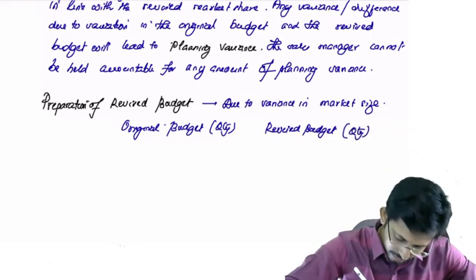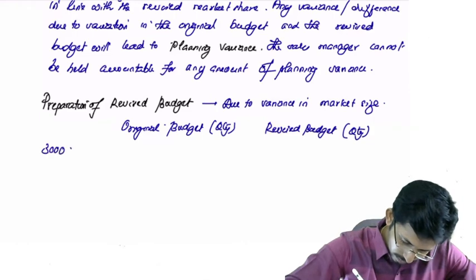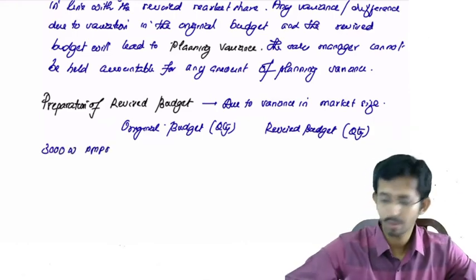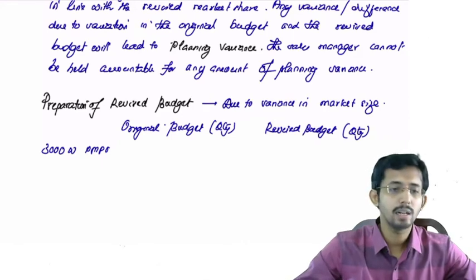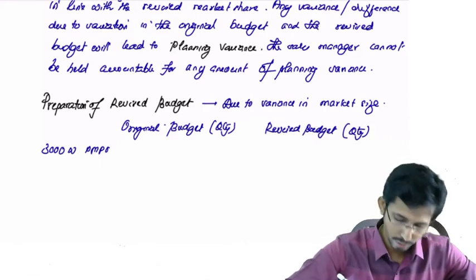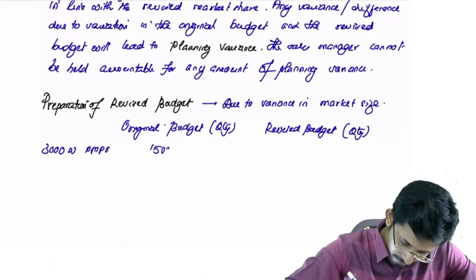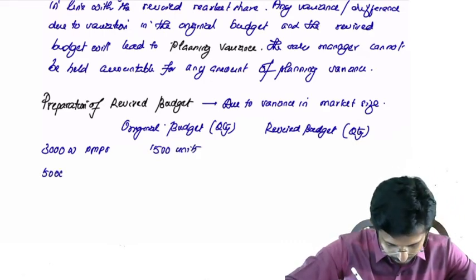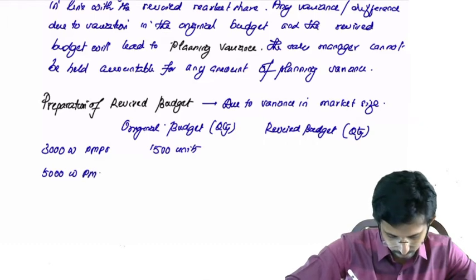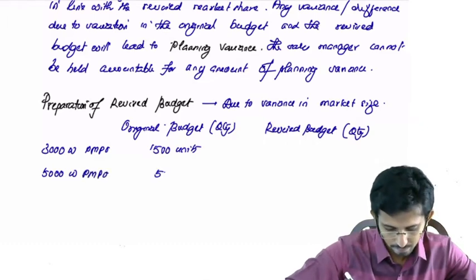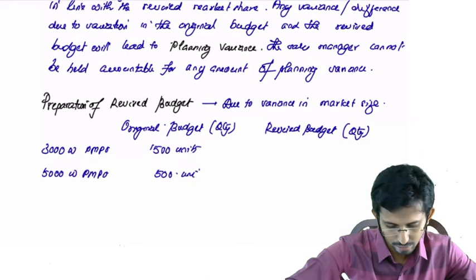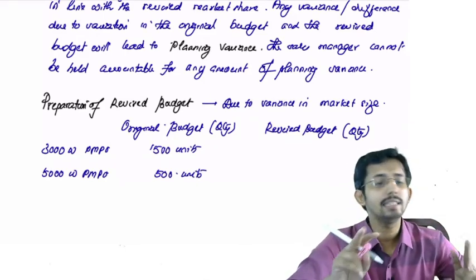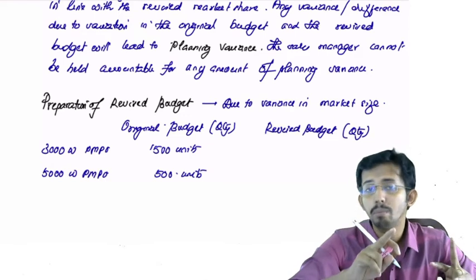The first model is 3000 watt PMPO. Okay, what was the original budget for this? Original budget was 1500 units. Okay, then 5000 watt PMPO, 5000 units. And what is the change that has happened? They say that there is no change in the 3000 watt PMPO market size.